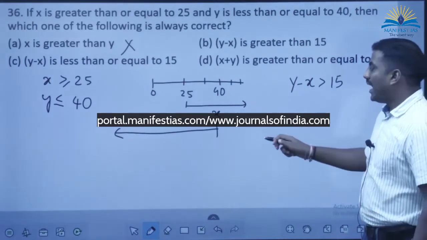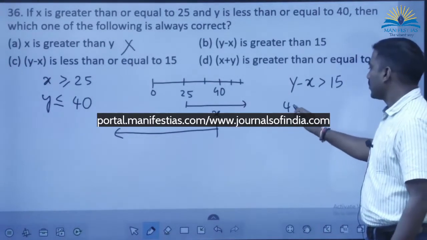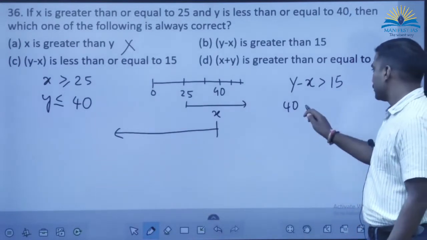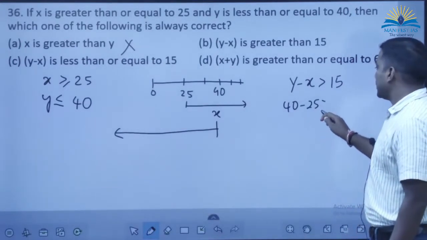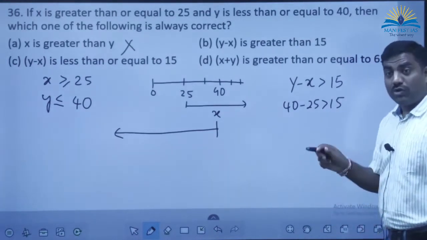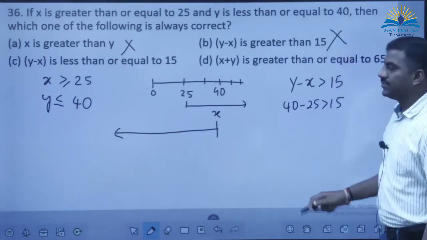Let's say y's best value is what? 40. X's worst value, is it greater than 15? It is equal to 15. It is not greater than 15. So we can't say this.